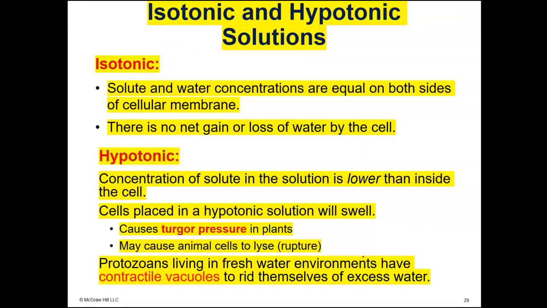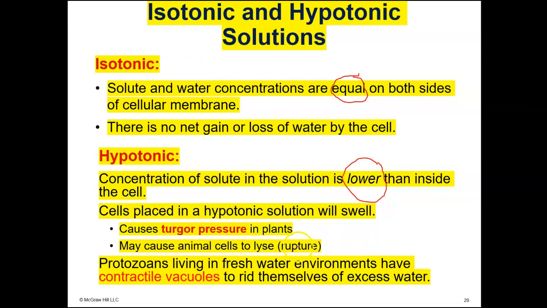And then here are the notes. Isotonic means that the concentration of solute inside and outside the cell is equal. And so there's no change in size of the cell. The cell remains the same size. In a hypotonic solution, the solute concentration is lower than on the inside of the cell.